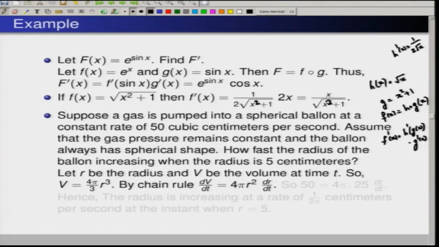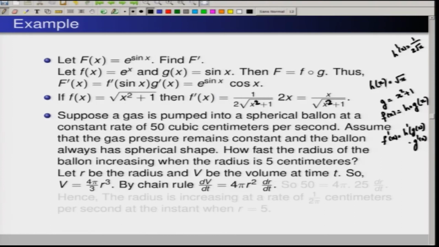Now, obviously, when you are giving the gas, the radius of the balloon will increase. We know that the air is being given into the balloon and the radius is going to increase.